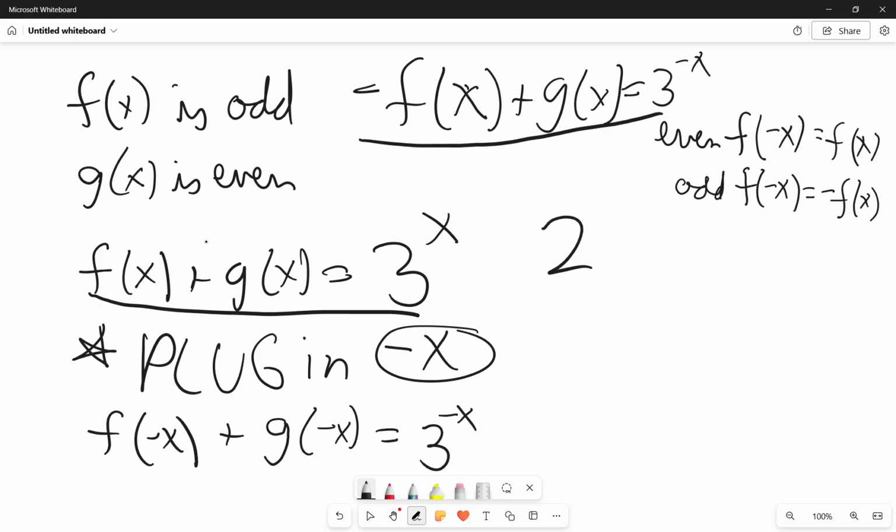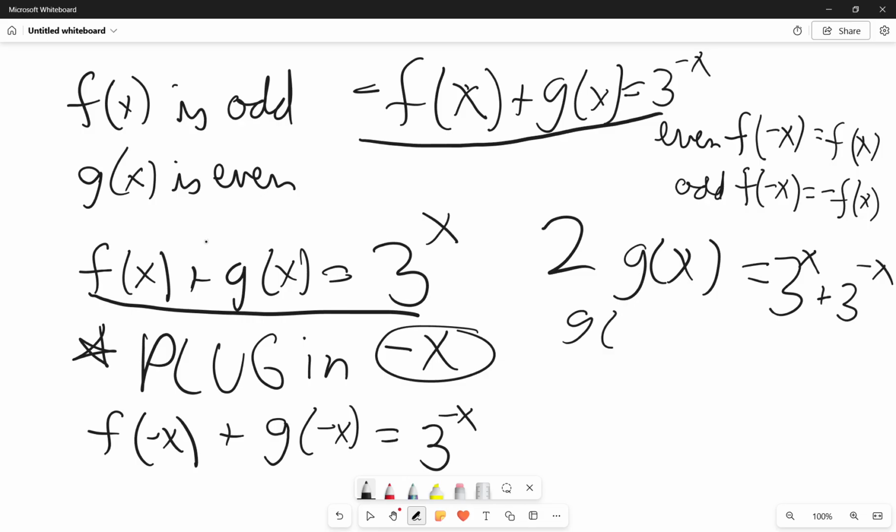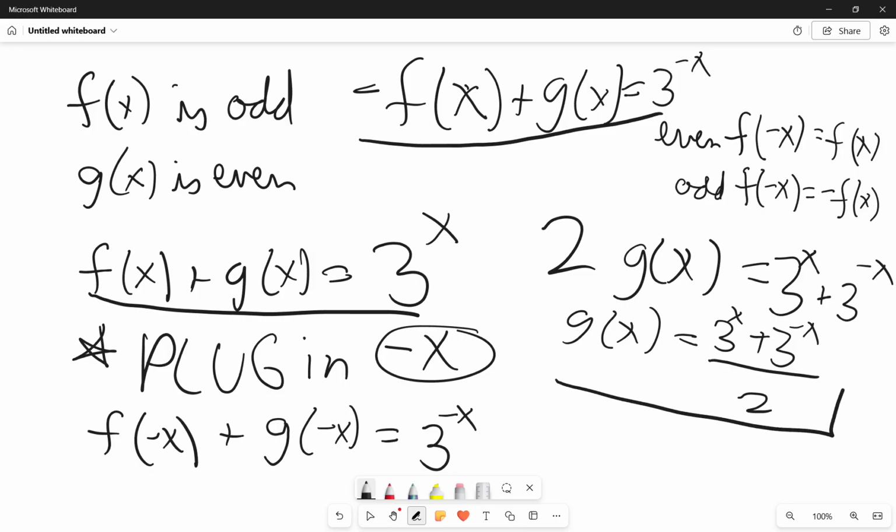So we're left with 2 times g of x equals 3 to the x plus 3 to the negative x. This leaves us with g of x equals 3 to the power of x plus 3 to the power of negative x, over 2. So that's what we get for g of x.